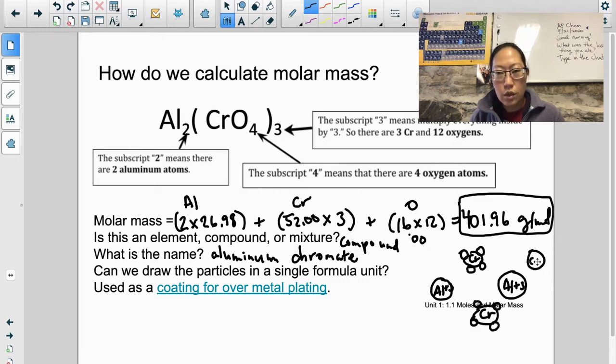And here's another one. Don't worry about the placement of these right now in the lattice. You're not expected to know the actual structures of these ionic compounds. Those are oxygen, so that's why I'm coloring them red. So that is our formula unit of aluminum chromate right there. And this is used as a coating for metal plating, very tough coating.